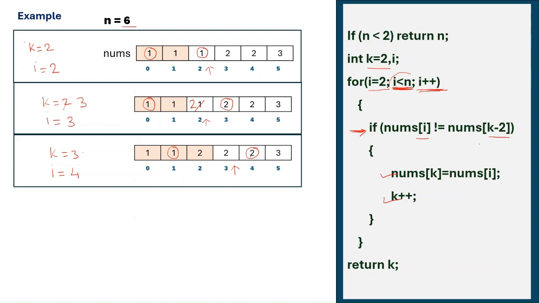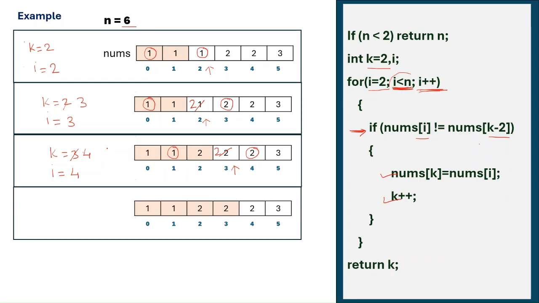It means this number has appeared less than 2 times. So we will keep it. We will store number at I position at k position. So this number will be stored here because k is 3, and then we increase k by 1. So new value of k is 4.